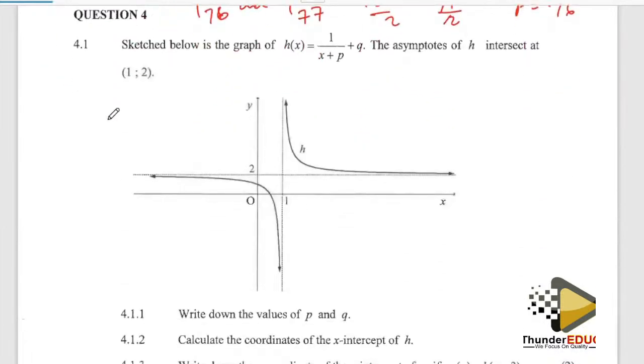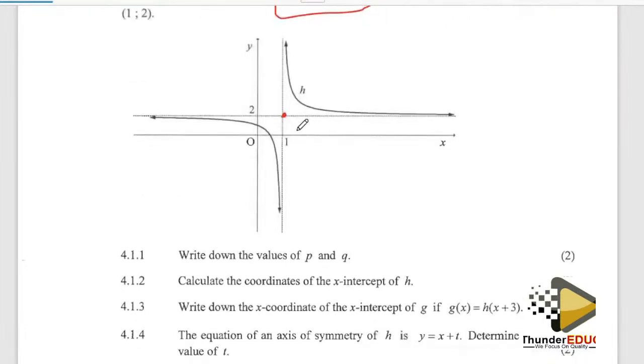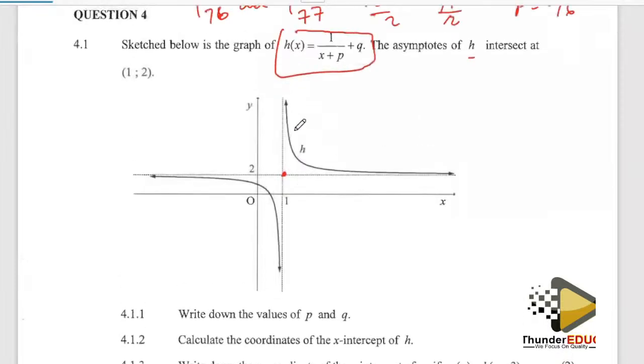Then question 4, sketched below is this graph. So this format, when the x is at the bottom, it's a hyperbola. We have asymptotes of h intersect at 1 and 2. That's okay. They want us to get the values of p and q. So p and q represent the values of the asymptotes, or the equations of the asymptotes.